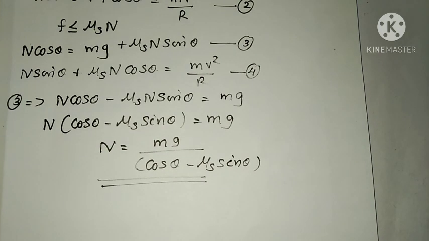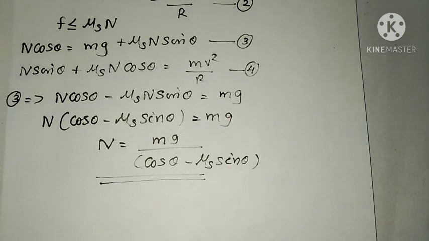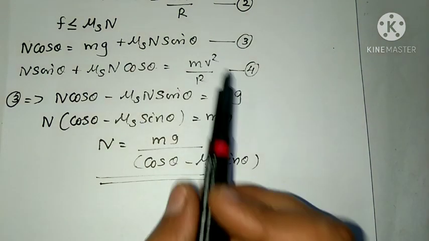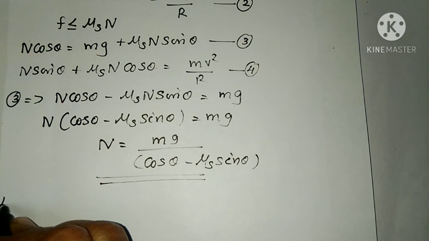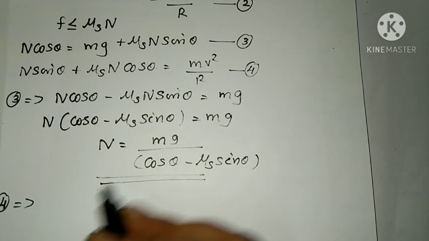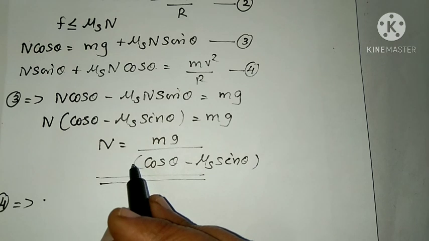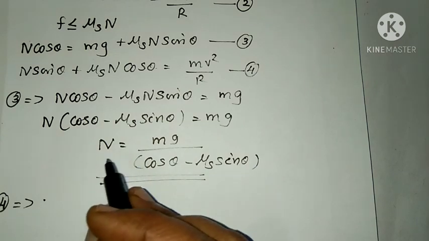Then we can substitute this value of N in equation number 4, because there the term velocity is there. What is equation 4? N sin theta plus mu s N cos theta equal to mv square by r.